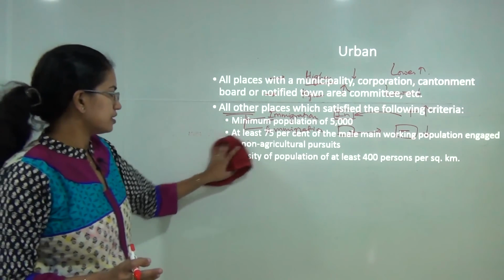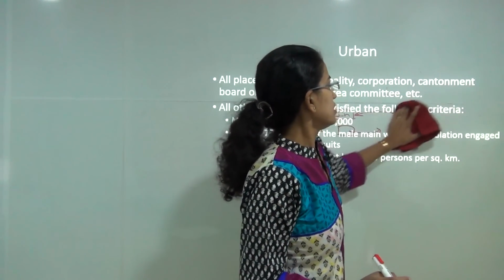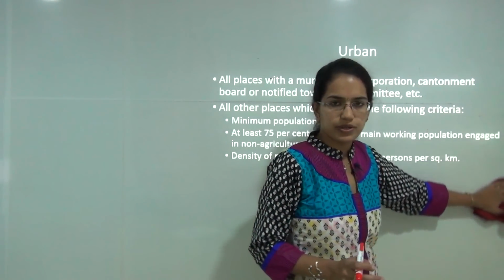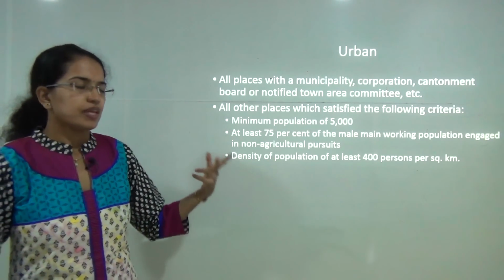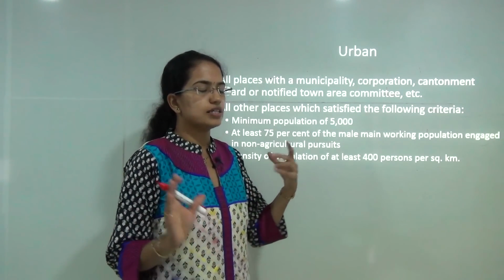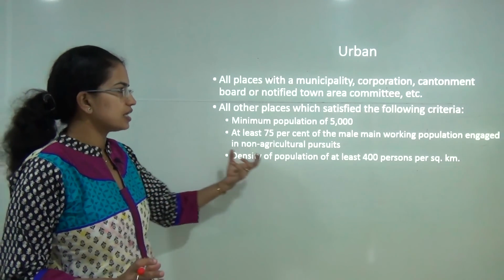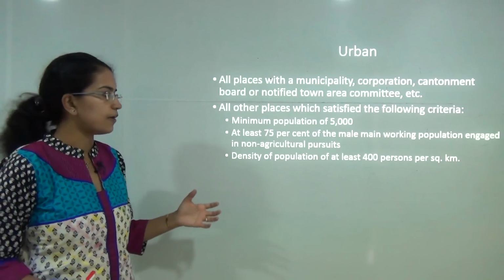Now, any country constitutes both rural and urban population. In India, you have a standard definition for urban population, and this definition varies from country to country. In India, we classify a region as urban based on 2 basic phenomena. The first is whether a place is a municipality, corporation, cantonment, or a notified town.